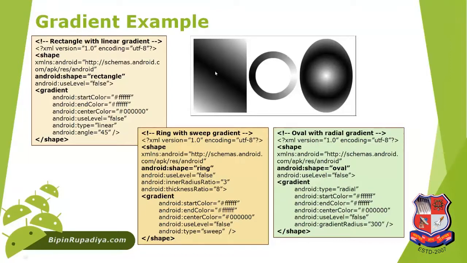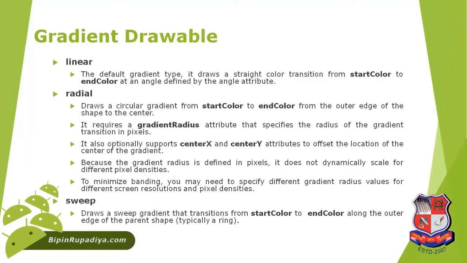If you specify a rectangle in a square shape, that rectangle looks like a square. So according to the height and width of your layout, the shape will look accordingly. We are not specifying any height and width within the rectangle, line, ring, or oval. It will change according to the parent shape.